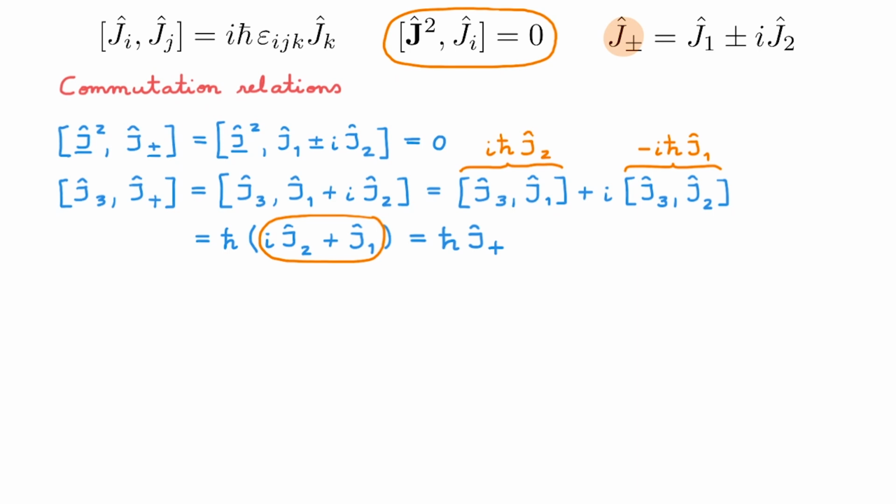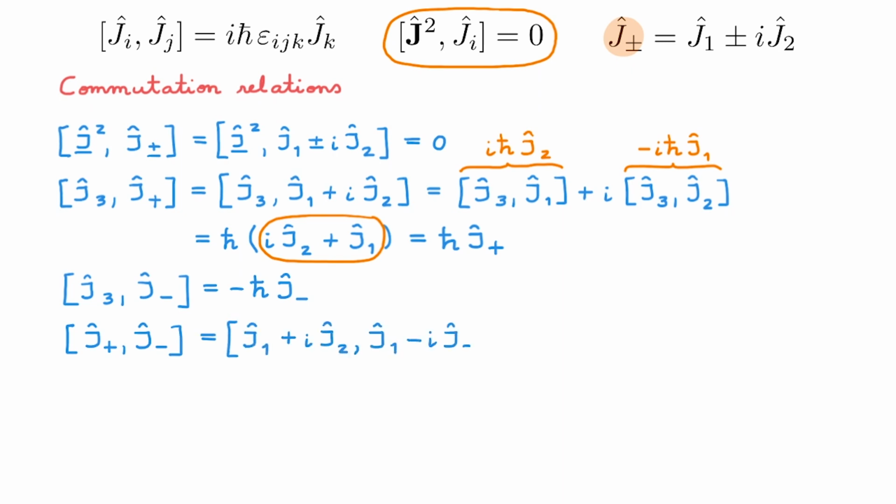We can use an analogous derivation to show that the commutator of J3 with J minus is equal to minus h bar J minus. The final commutator we can look at is that between J plus and J minus. Writing out both ladder operators, we get this. We can now expand this into these 4 terms.